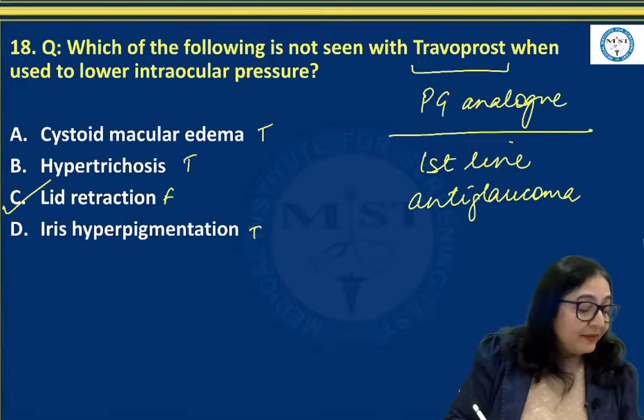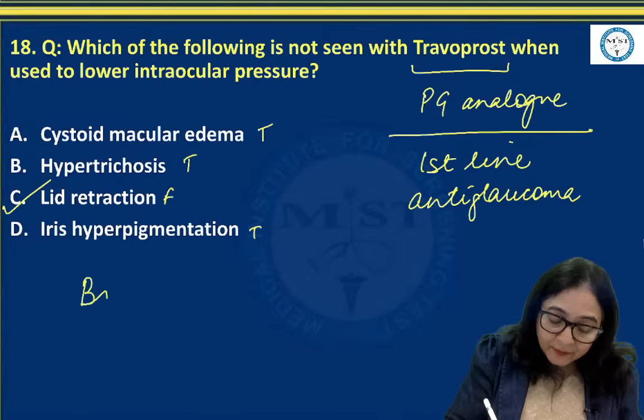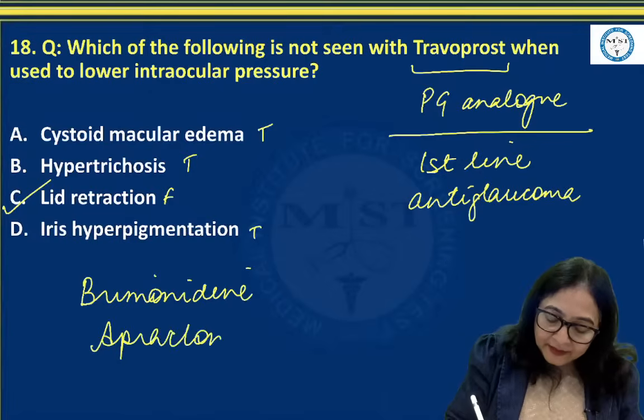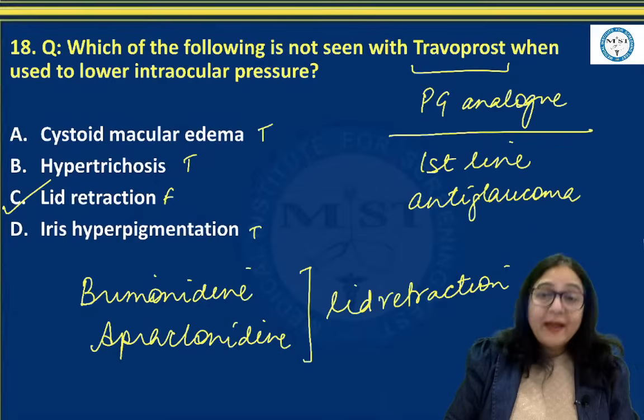Apraclonidine and to some extent even brimonidine, they cause lid retraction. Apraclonidine is not very commonly used as an anti-glaucoma drug.